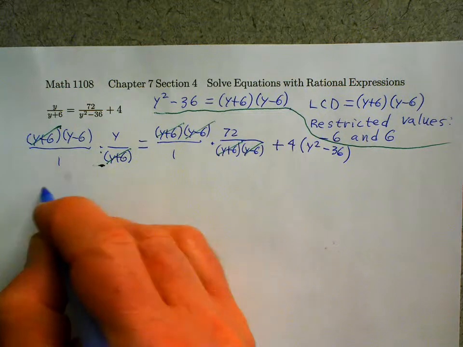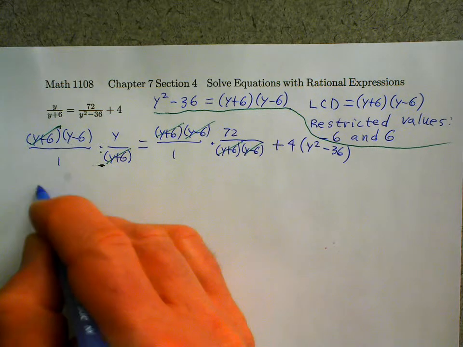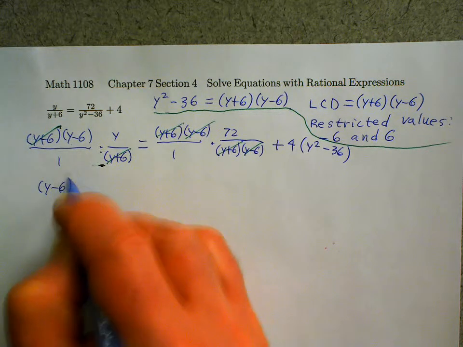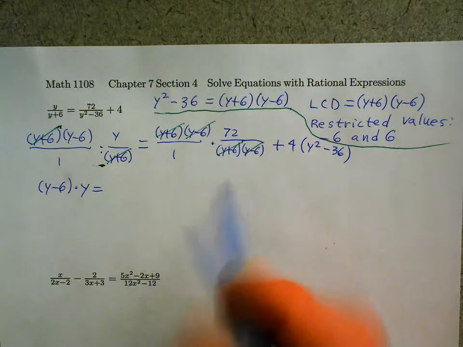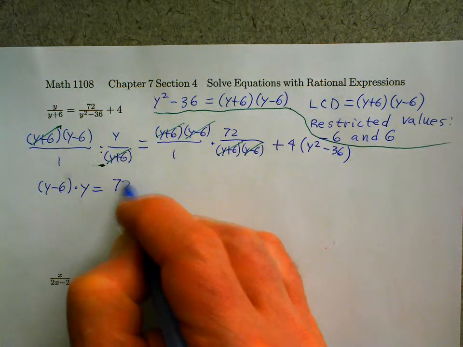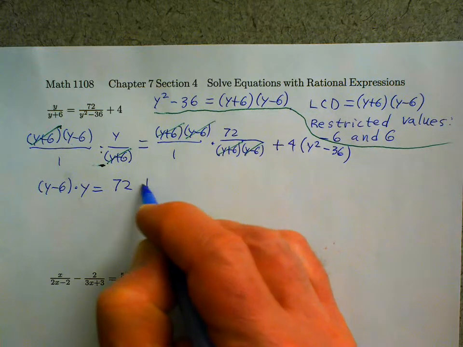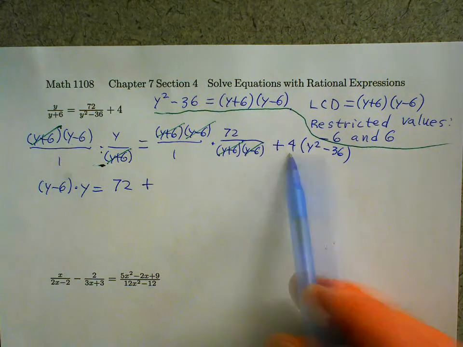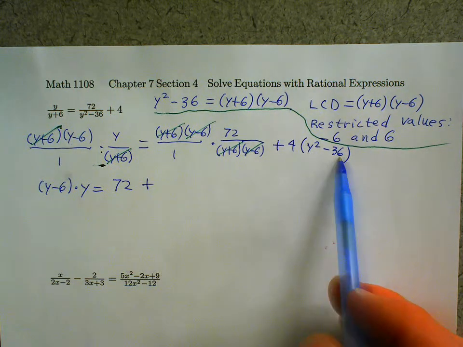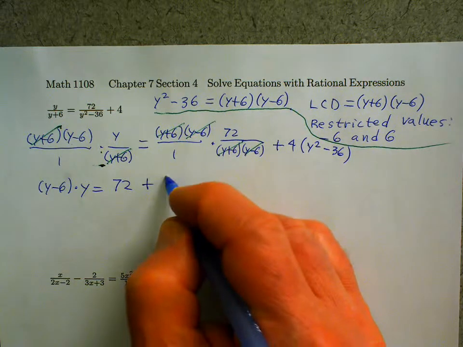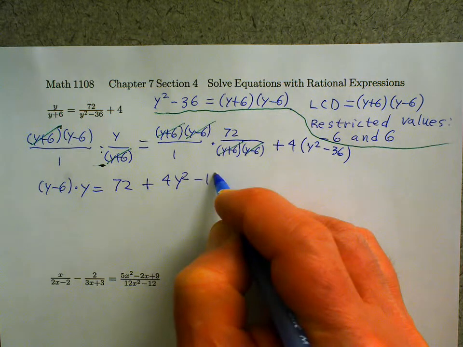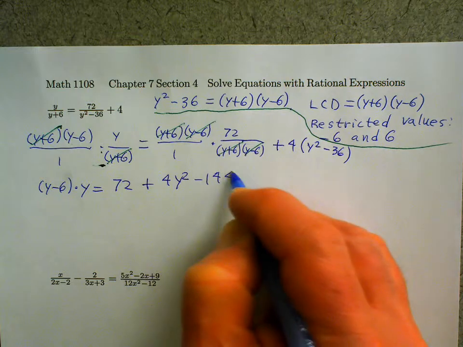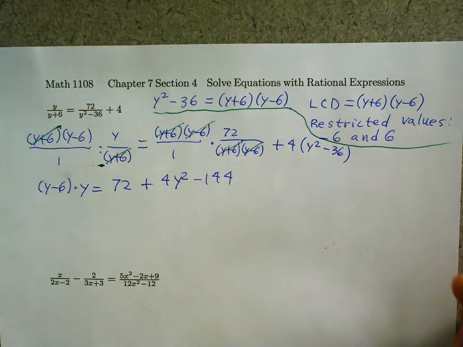So we have y minus 6 times y. The first term on the right-hand side is 72. And then we have 4 times y squared minus 36. That's 4y to the second minus 144.